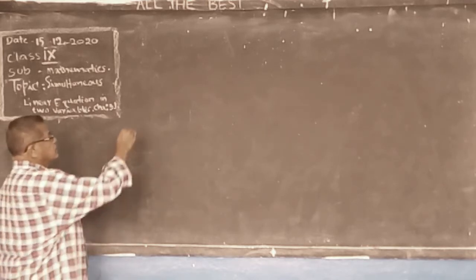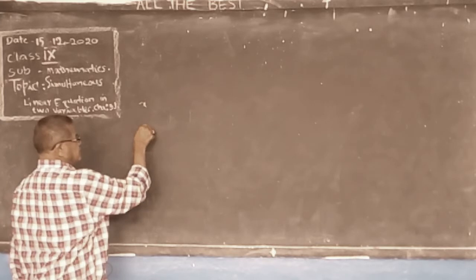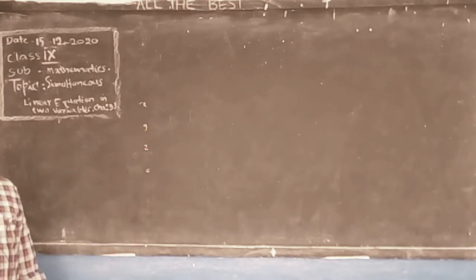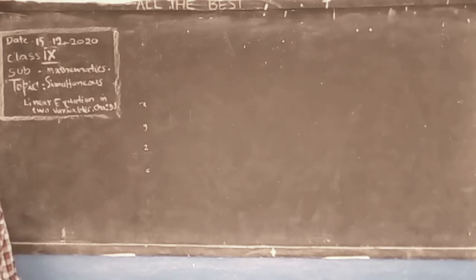One variable means x, y, z, a, b, c, like that. Two variables means two of x, y, z, a, b, m, n, like that, any two letters.